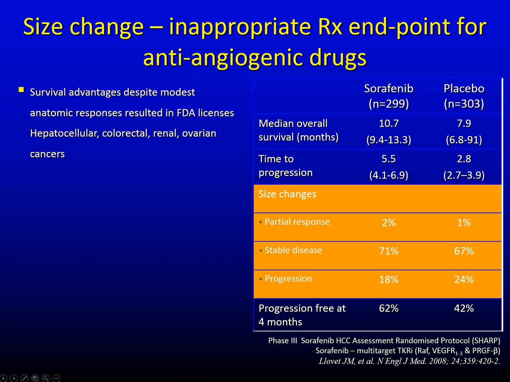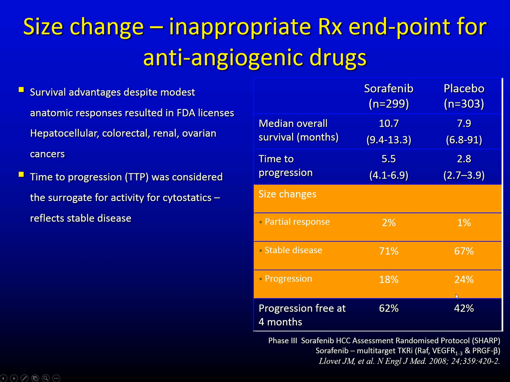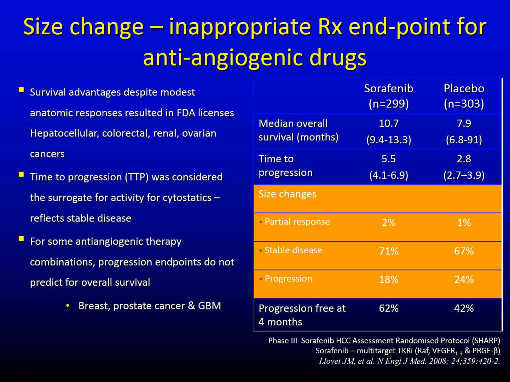You can see an improved overall survival and improvement in time to progression, but if you look at size changes and responses, you can see that they are almost identical. It was always thought that time to progression, this variable here, would be the surrogate of activity for cytostatic drugs because it reflects stability of disease.